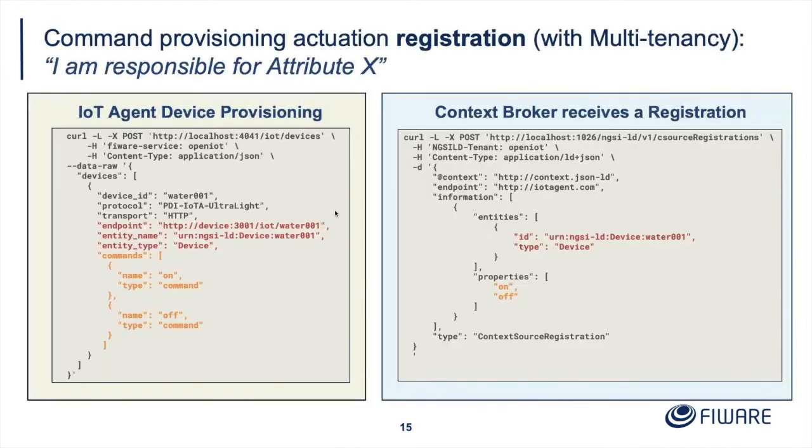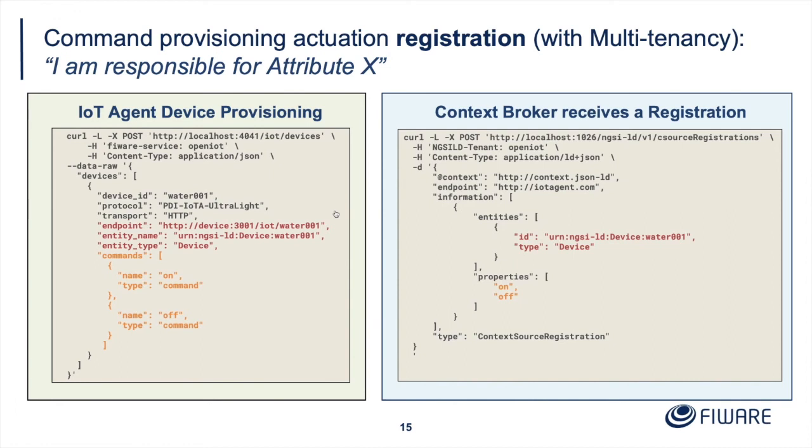How does it work? Well, it works in the following fashion. If I provision a device, I say I have a couple of commands which need to go on, and I will therefore say, okay, these commands are effectively registrations.